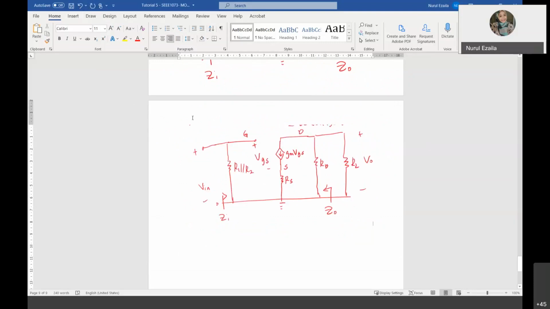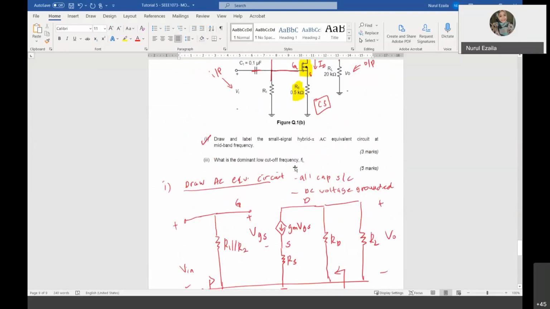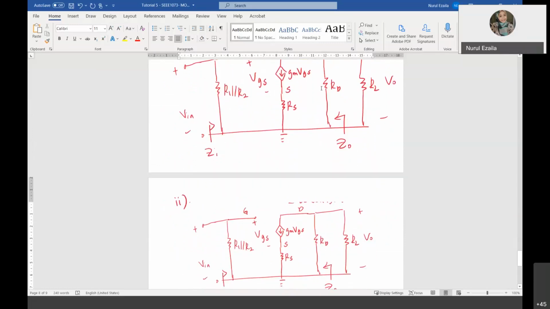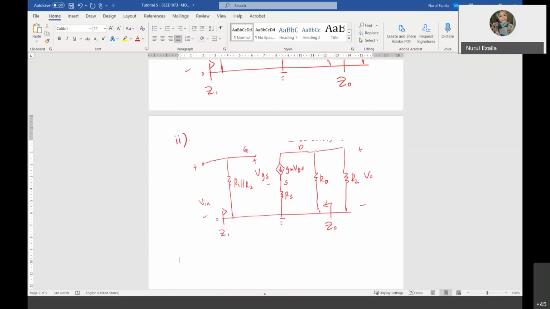Okay, so this is your number 2. All right, so what you should do is, where is the capacitor? Capacitor C1 is at the input and C2 at the output. So this is your capacitor.